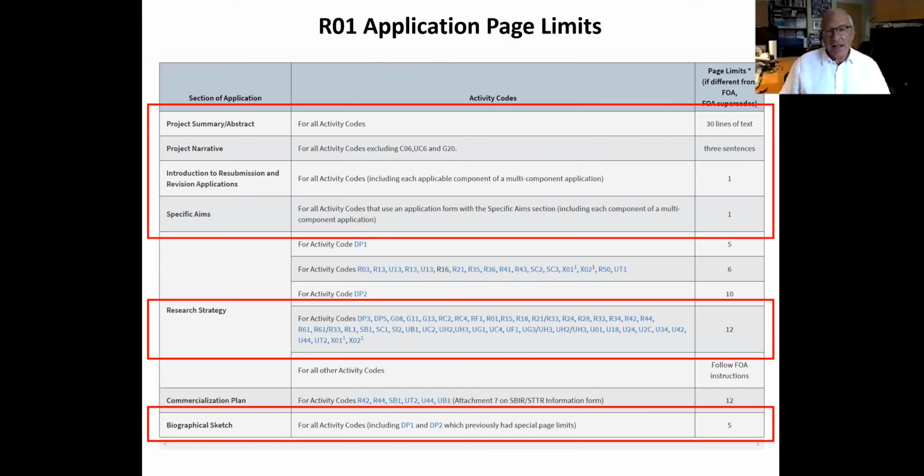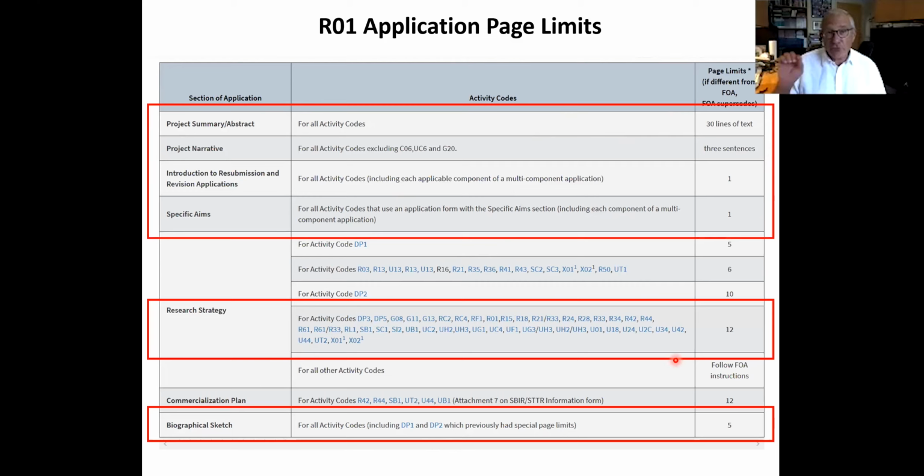I copied this table from one of the instructions. These red boxes are showing the sections where there's page limits, and these are what the page limits are. And you must follow those page limits. In fact, you must follow all of the instructions.